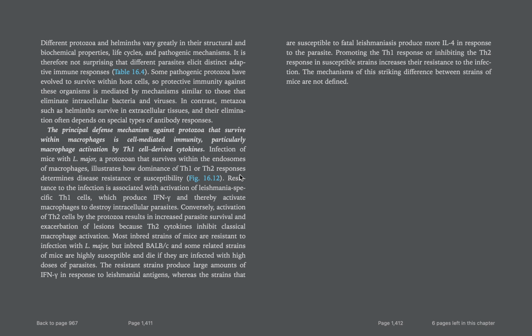Adaptive immunity to parasites. Different protozoa and helminths vary greatly in their structural and biochemical properties, life cycle, and pathogenic mechanisms. It is therefore not surprising that different parasites elicit distinct adaptive immune responses.